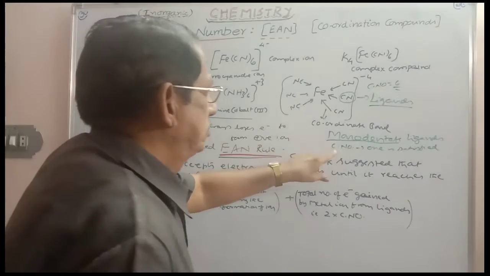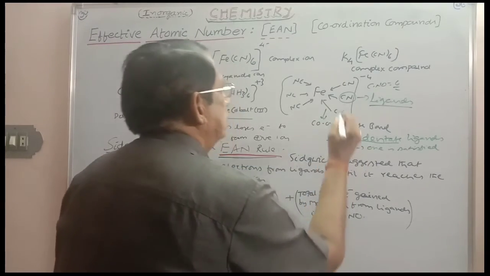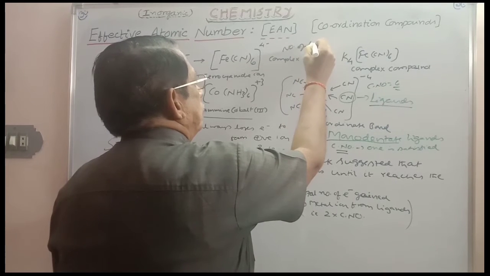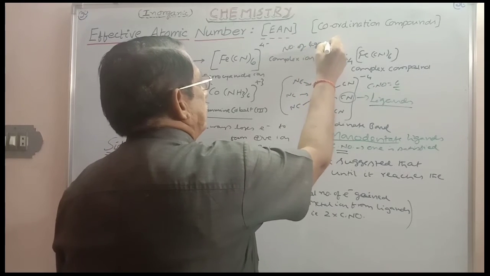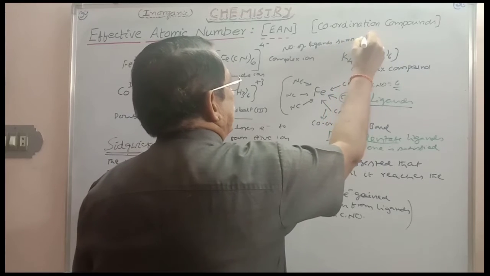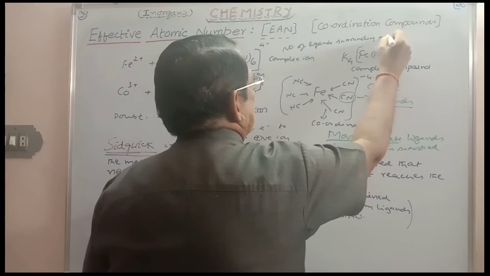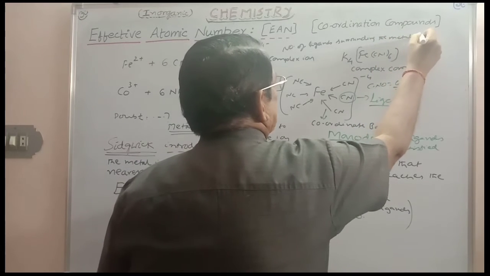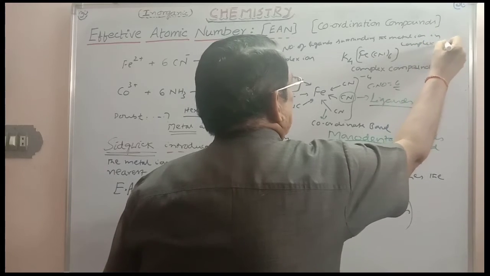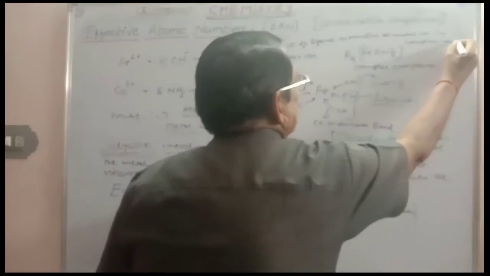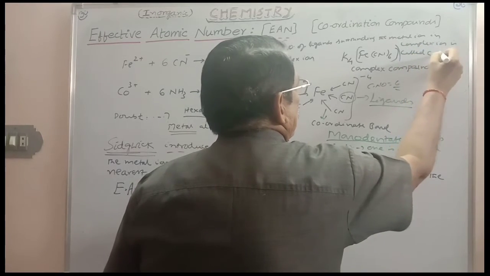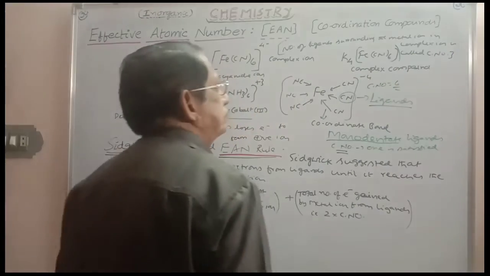So here what is the coordination number? The number of monodentate ligands surrounding the metal ion in a complex ion is called the coordination number.